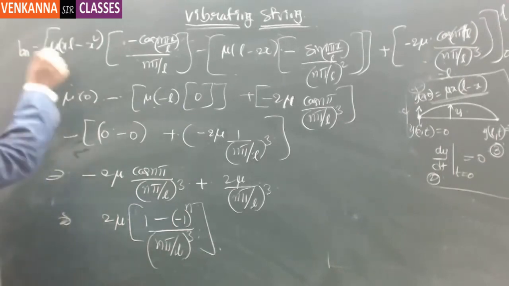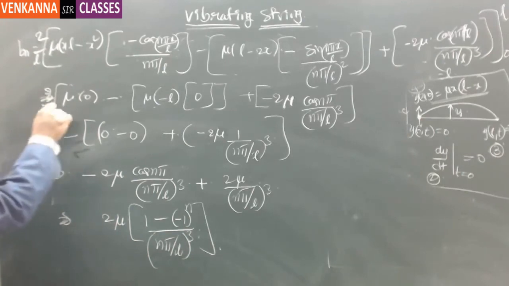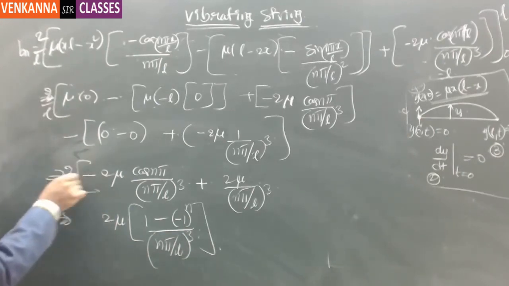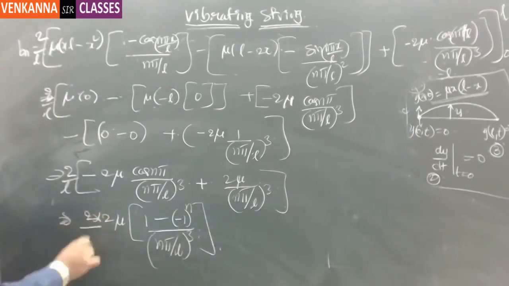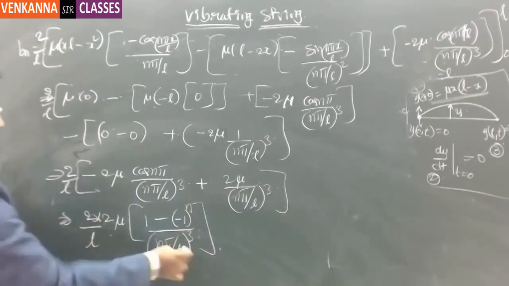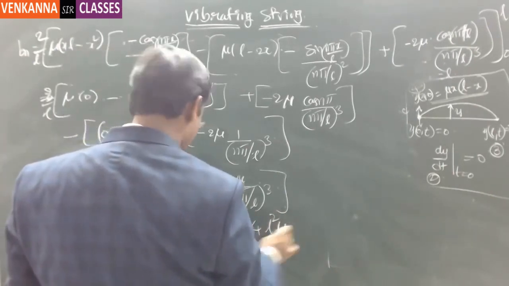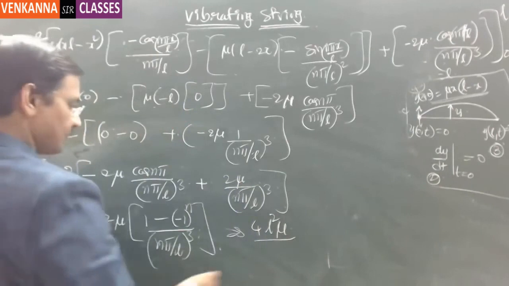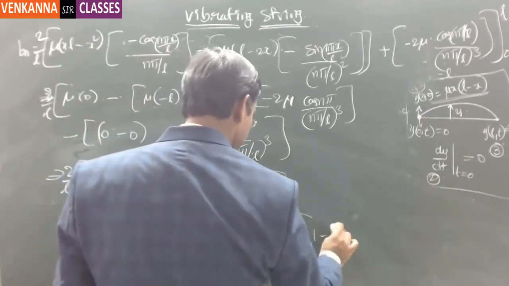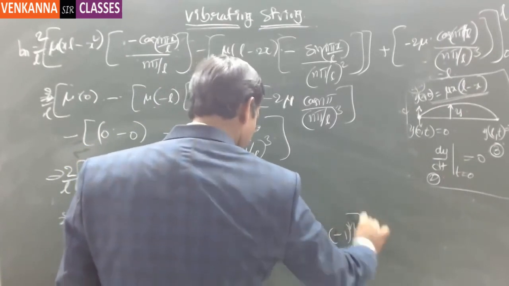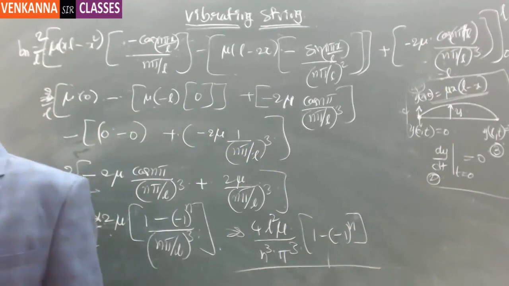Here 2 by L is left over, so you have to add that 2 by L. Here you can further simplify this as 4L square mu by n cube pi cube into (1 minus (minus 1) whole power n). Got it? Understood?